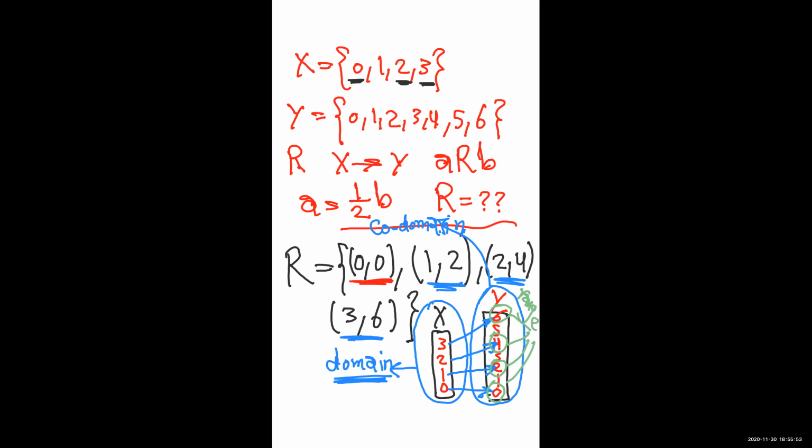So X is the domain, all elements of Y is the codomain, and the images from X on Y, these elements like 0 and 2 and 4 and 6, are the range of the function. Okay?